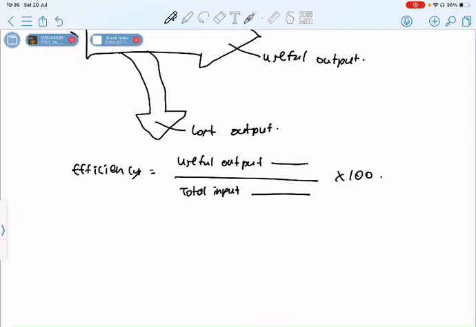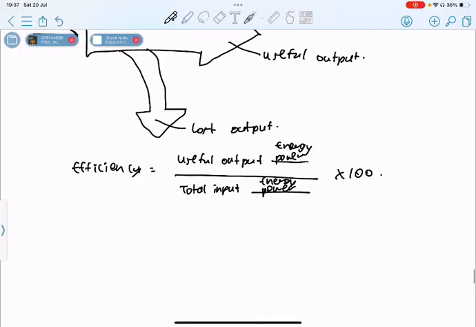What is in these dashes? In these dashes, you can have useful power, you can have useful energy, and you can have other forms, whatever other forms that they may give you. You can use it to find your efficiency.